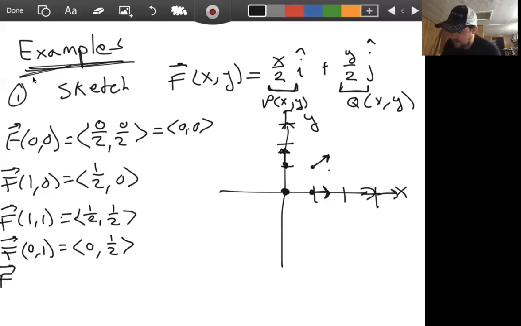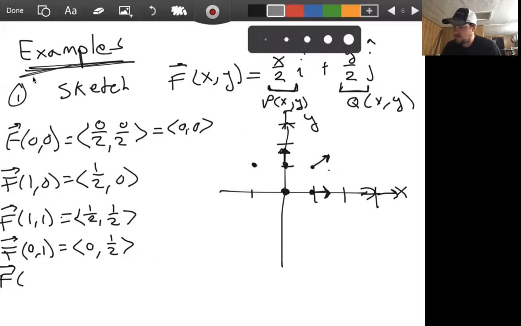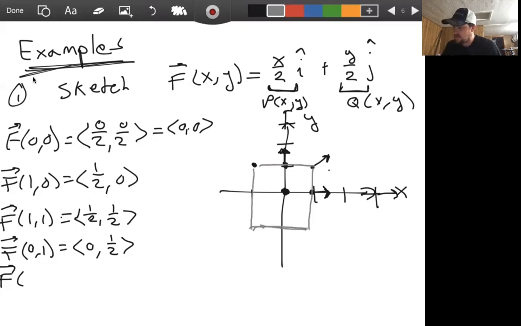And then if I pick this point over here, again, I would be going around a rectangle with sides 1 unit away from the coordinate axes, right?